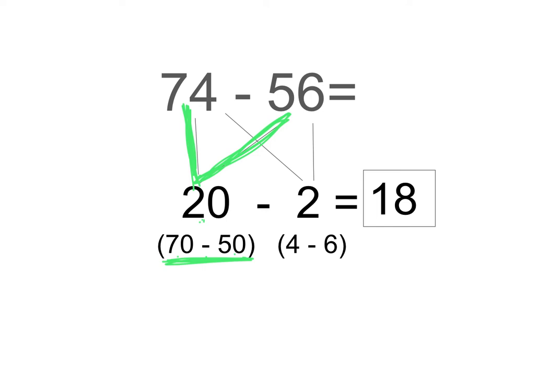Then we'll take 4, subtract 6. Notice that our 6 is larger than the 4, so it's going to be a negative 2. Notice 4 minus 6 is negative 2. 20 minus 2, we use our partners and know that the answer is 18.